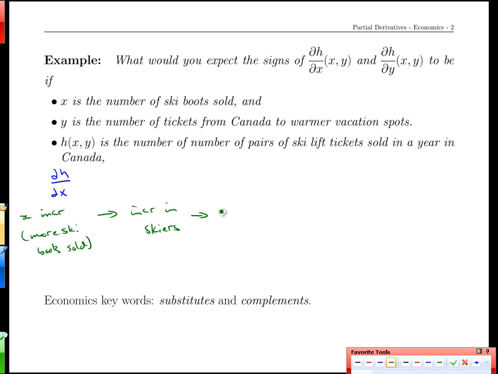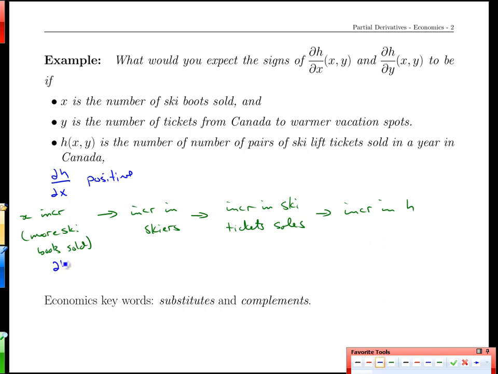Well, maybe some people do, but it's not your goal when you buy them. So we expect to see an increase in ski ticket sales, and that is exactly what H is, so an increase in H. And so taking that back to our derivative, we expect this derivative to be positive.